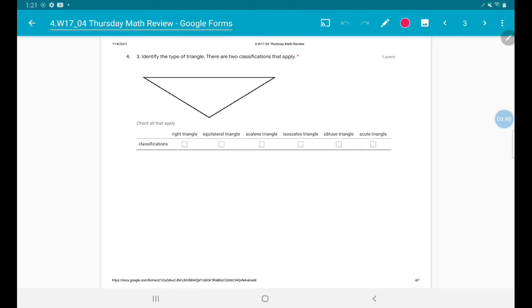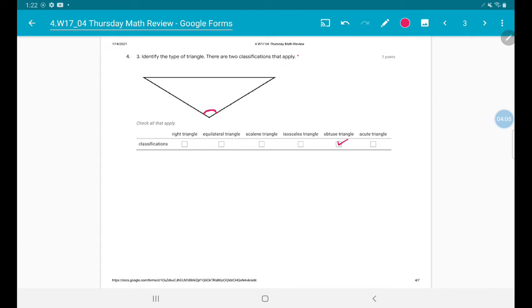Do you see any obtuse angles? Which one's bigger, Jeremiah? The one on the bottom. Yeah, this one down here at the bottom is bigger than 90 degrees. So since there is an obtuse angle, we're going to say that it's an obtuse triangle. Okay, so we're going to check obtuse.